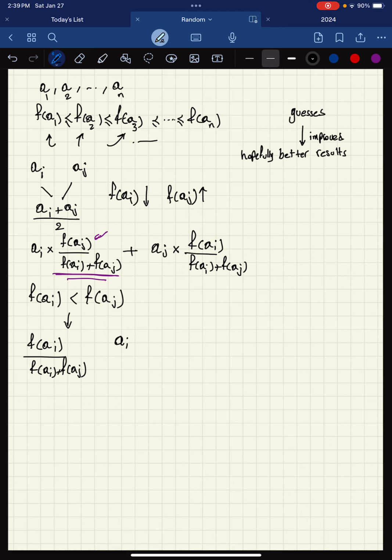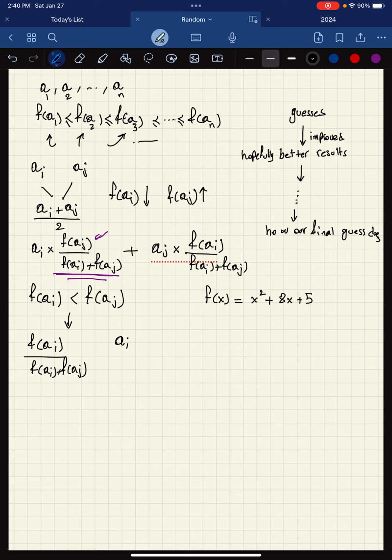And then we do this a number of times, and after that we want to see how our final guess does. So for our previous problem that we had, f of x was x to the power of 2 plus 8x plus 5.